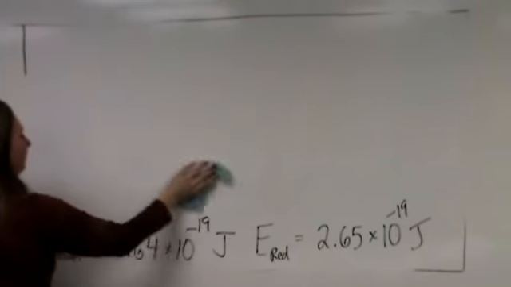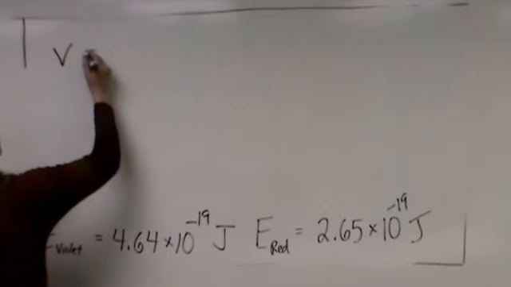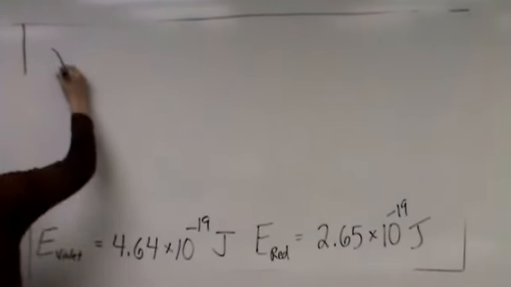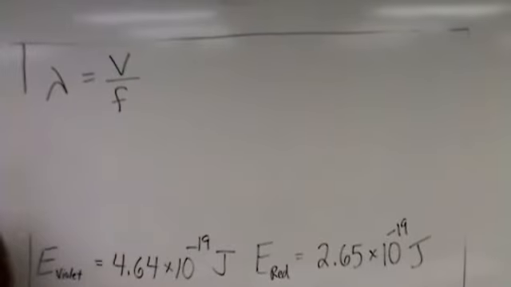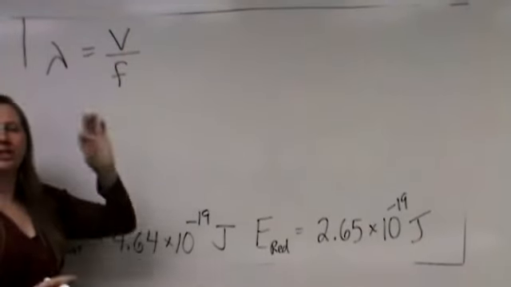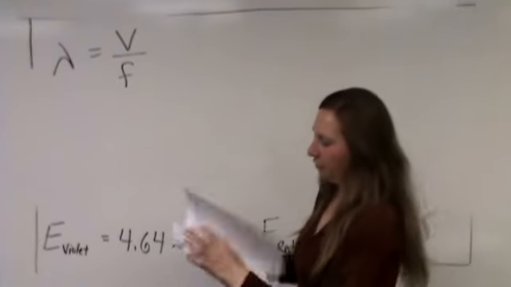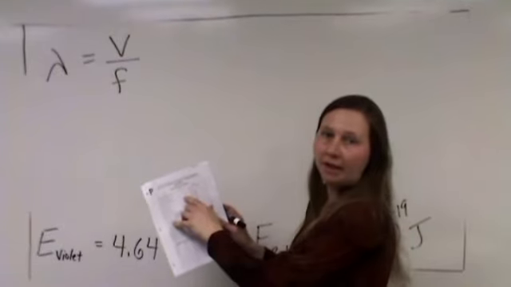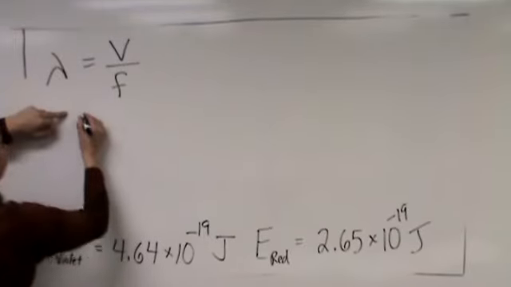Let's calculate the wavelengths. Wavelength equals v divided by frequency. Now, of course, this velocity is c, the speed of light, from the front of your reference tables, 3 times 10 to the 8th meters per second. So here we go.